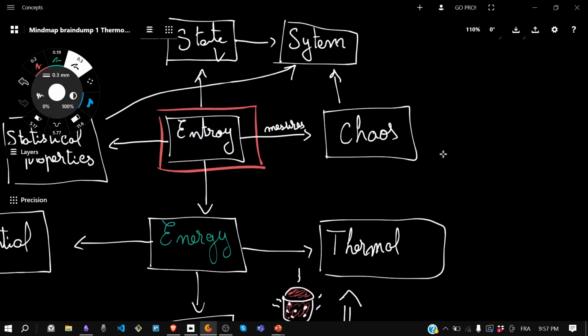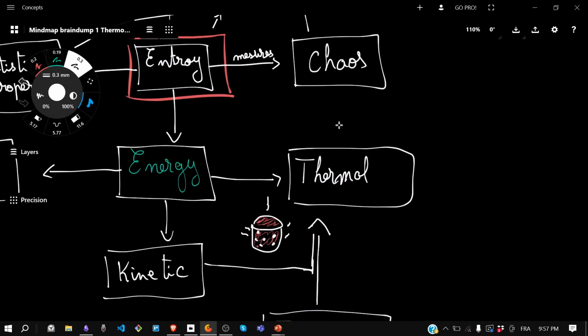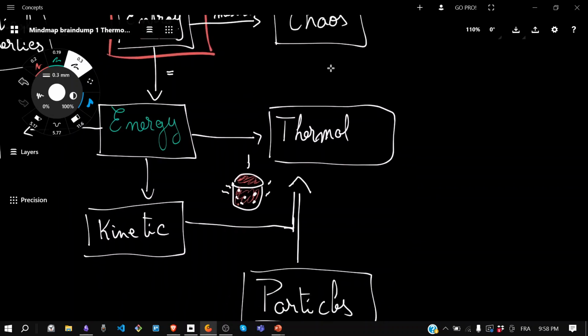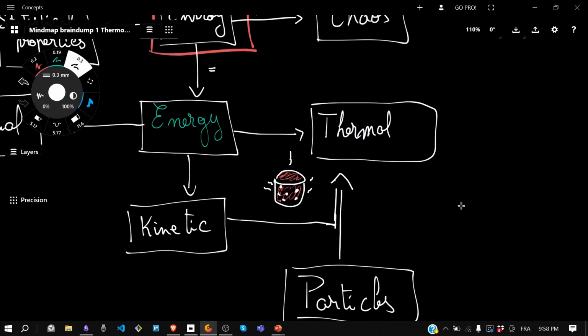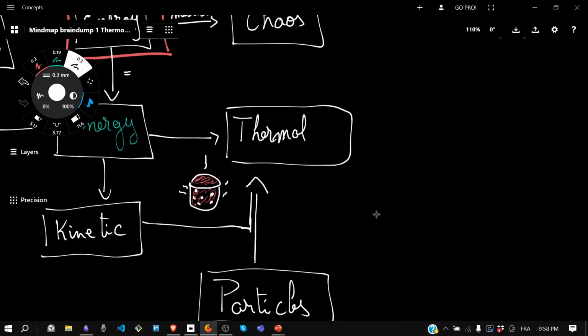Now, let's go back to entropy. When entropy increases, basically the overall energy stays the same. However, there is a transfer of energy type. So here we're going to look at the energy types.